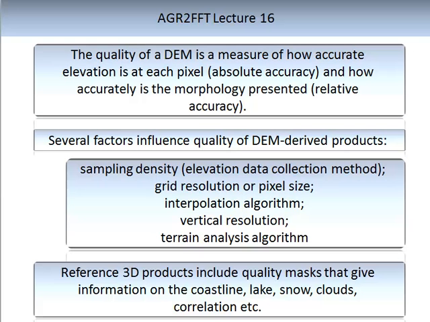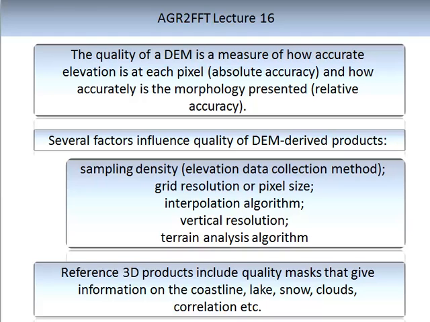The quality of DEM is a measure of how accurate elevation is at each pixel. This is referred to as absolute accuracy. The quality of DEM is also reflected by how accurate the morphology represented is, and this is referred to as the relative accuracy. Several factors can influence the quality of DEM-derived products.